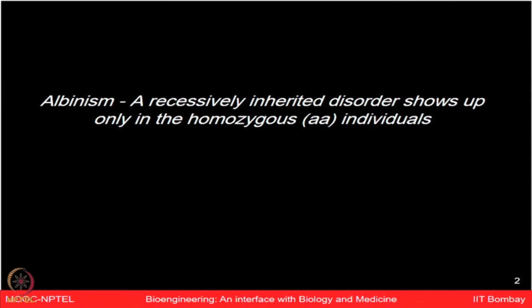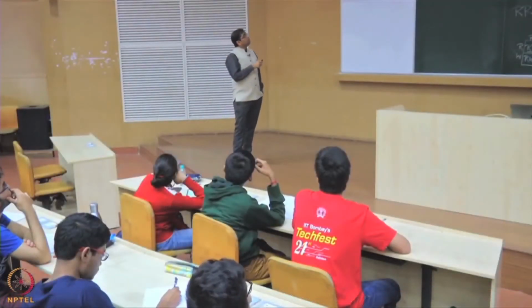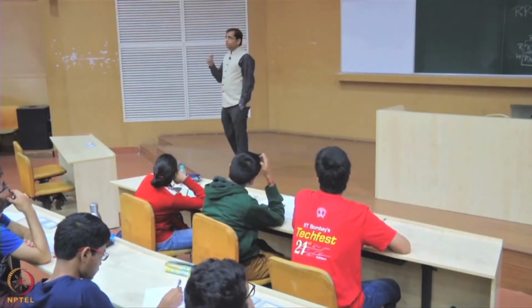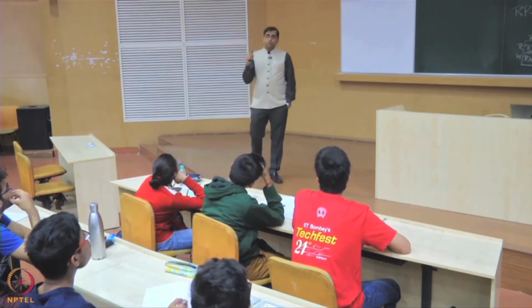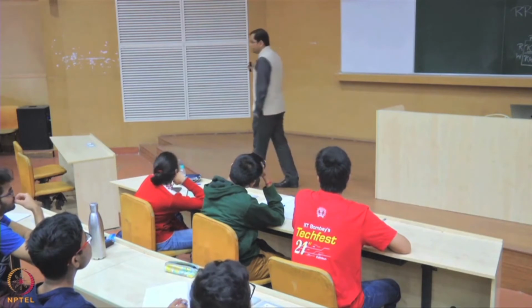Another characteristic which is very interesting is albinism, where there is some deficiency of the pigment which gives you the black shade, and those individuals have white hair and no pigmentation. It is derived from genes which are recessively inherited, and they are going to show up only in the homozygous individuals. So those individuals who carry both small a alleles, only they are going to show you the albinism property.